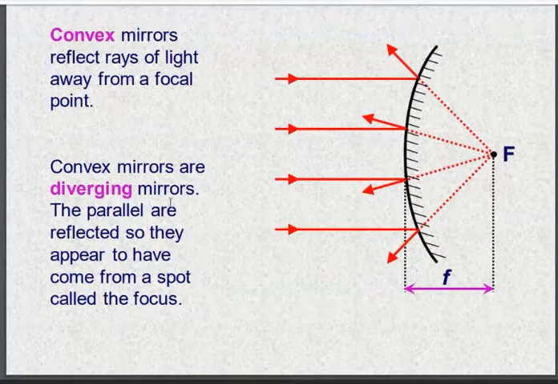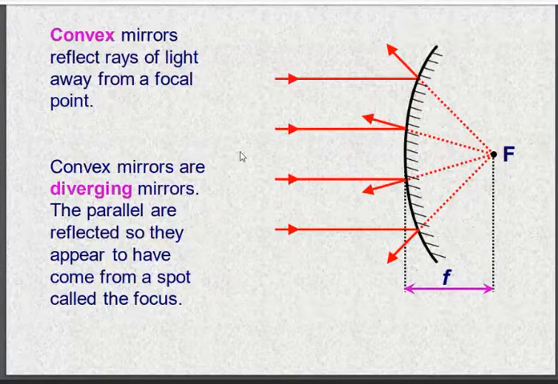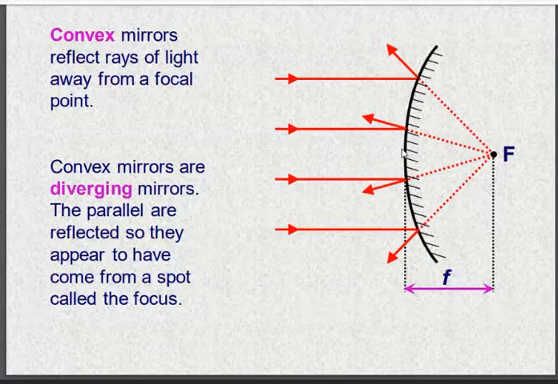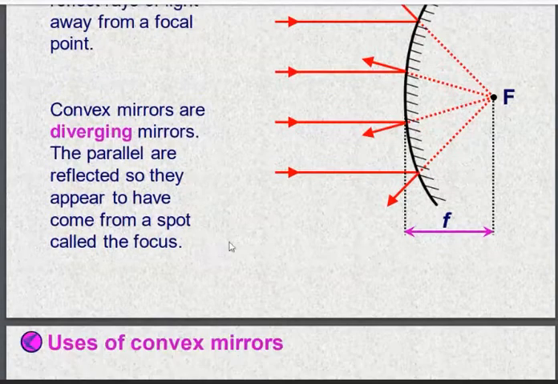Convex mirrors are diverging mirrors because all the parallel rays coming from infinity towards the mirror get diverged after reflection and appear to diverge from the focus. Parallel rays are reflected so they appear to have come from a spot called the focus.